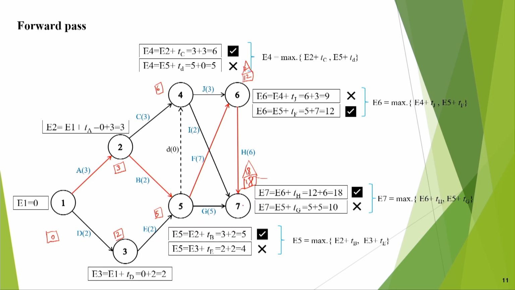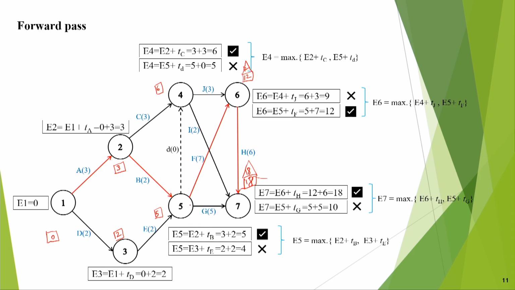At 5 I have 2 paths, two arrows emanating. Here 18 minus 5 is equal to 13, and here 12 minus 7 is equal to 5. You have to take the smallest one, so that is 5.